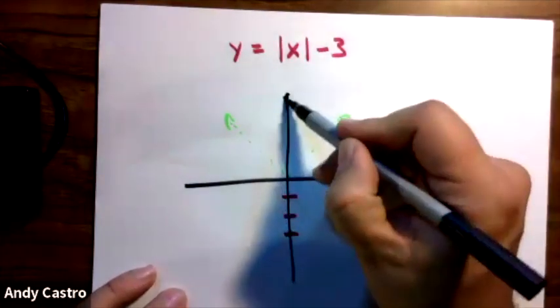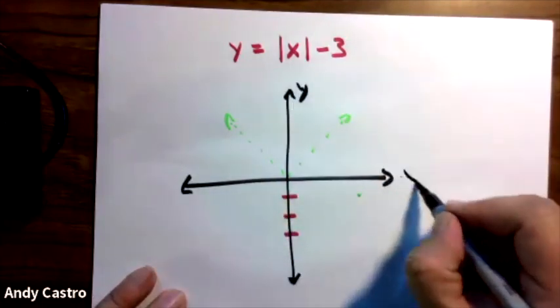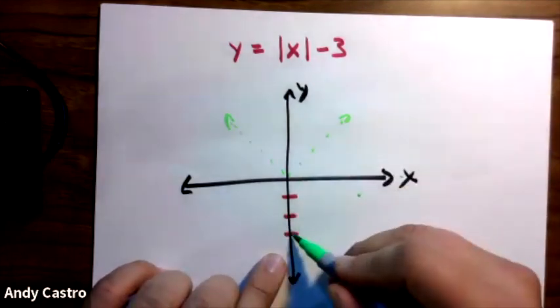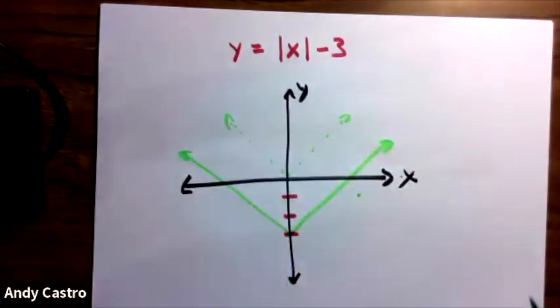Remember, this up and down right here is my y. This left and right is my x. So my graph is exactly like this, just shifted down. All right, let's do another one.